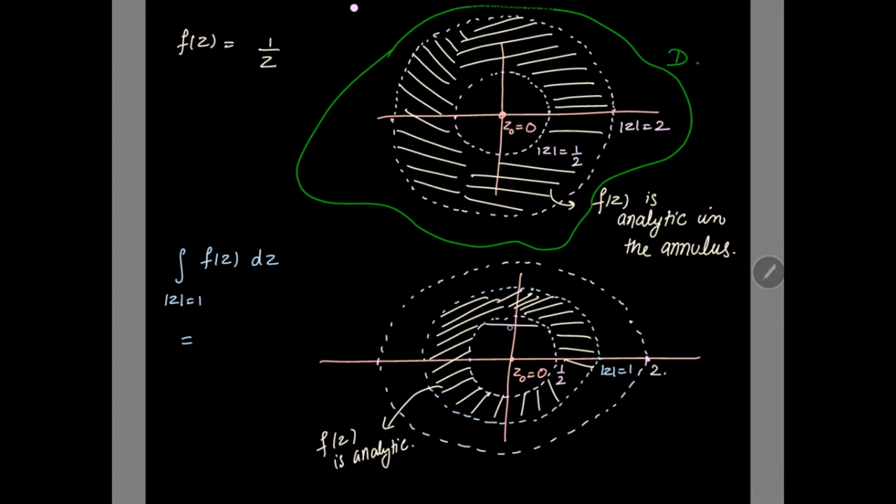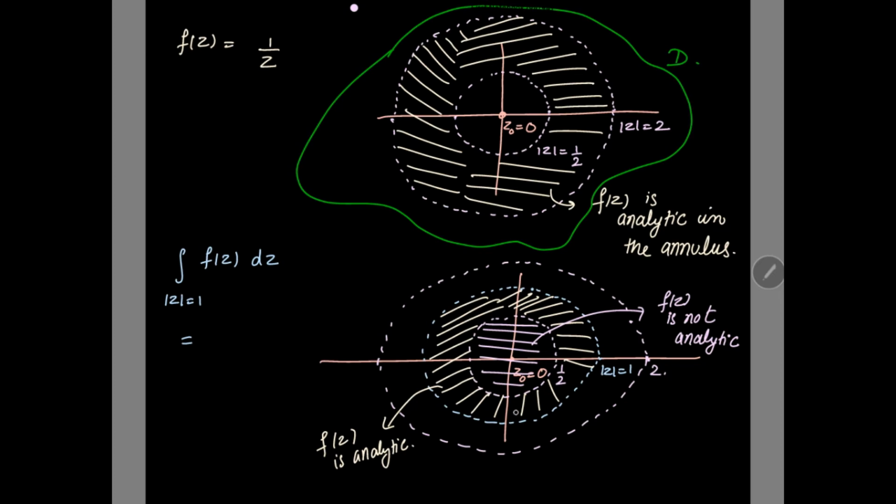But what about this pink colored portion? Here the function is not analytic. So this pink colored portion is not included in your domain, right? Because in the domain the area existed where the function is analytic.